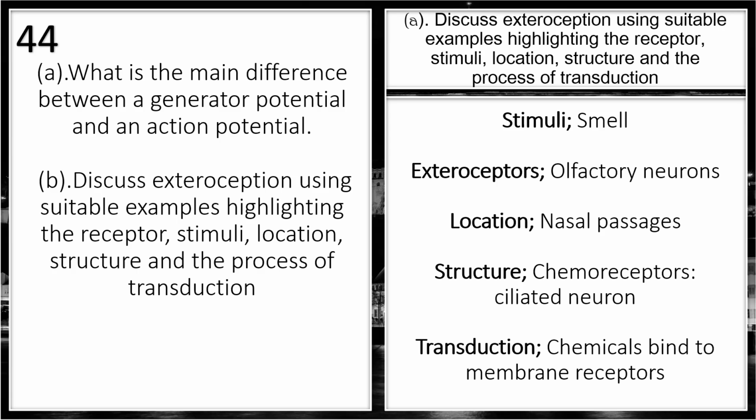Another exteroception is smell as the stimuli. Exteroceptor, olfactory neurons. Location, nasal passage. The structure, those are chemoreceptors and ciliated neurons. Transduction, chemicals bind to the membrane receptors.